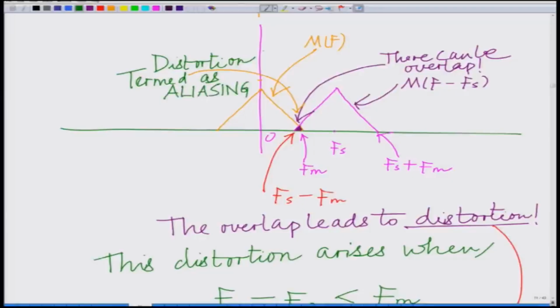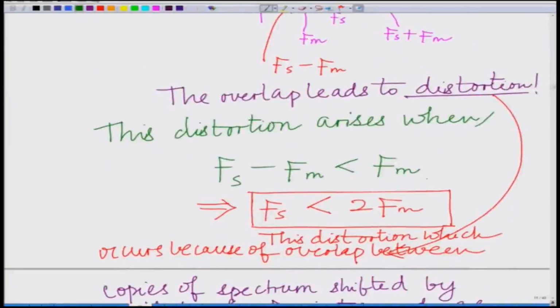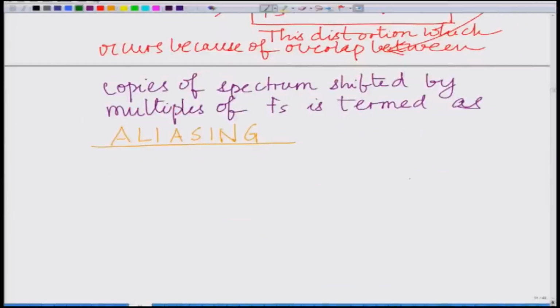And aliasing occurs if Fs is less than twice Fm, and this is a very important condition.